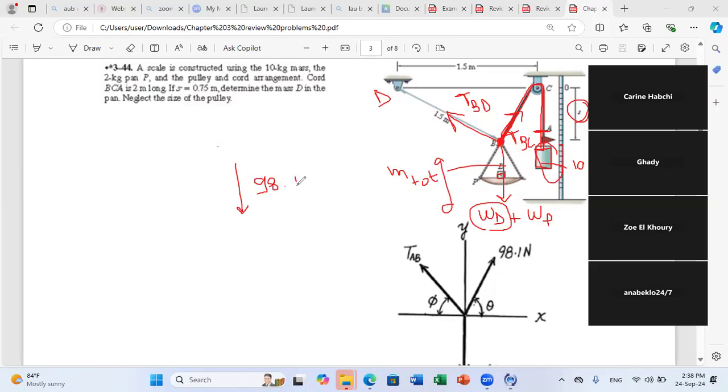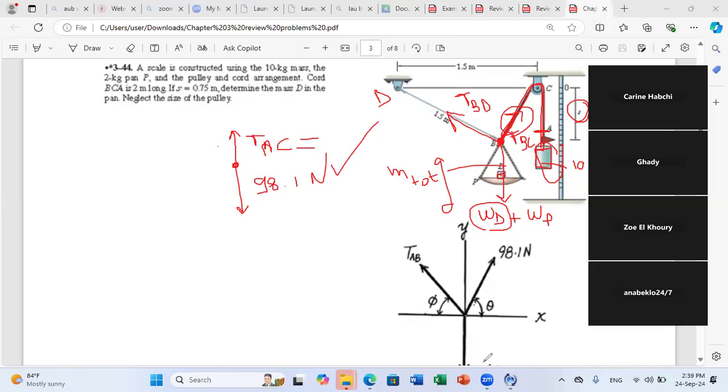Okay, and what will make the system in equilibrium is that you have the tension in AC. So TAC will oppose the weight of the block in the vertical direction. So if you do sum of Y equals to 0 on your block, you get that TAC is equal to 98.1 Newton. Okay, so you have now this unknown, this tension, you know it.